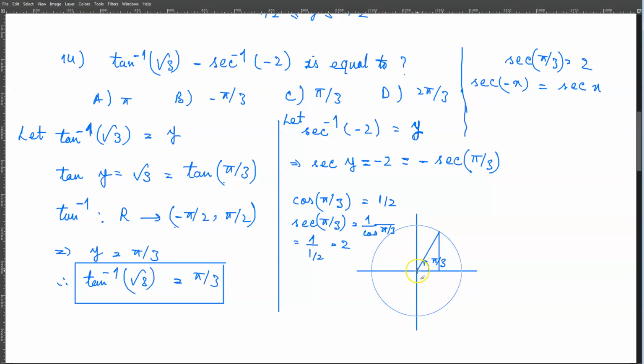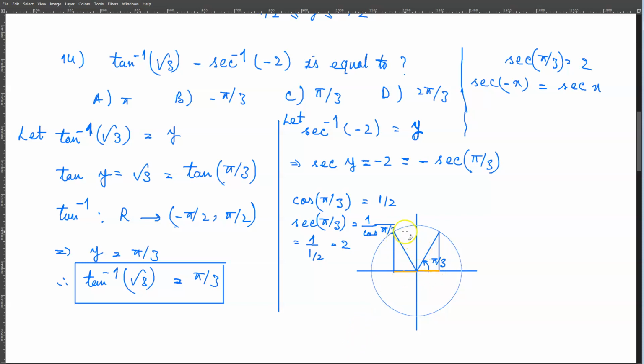So if I draw some angle over here, which is basically 15, 30, 45, and 60, as you can see, these two distances are exactly the same, except that this distance is positive, this distance is negative.